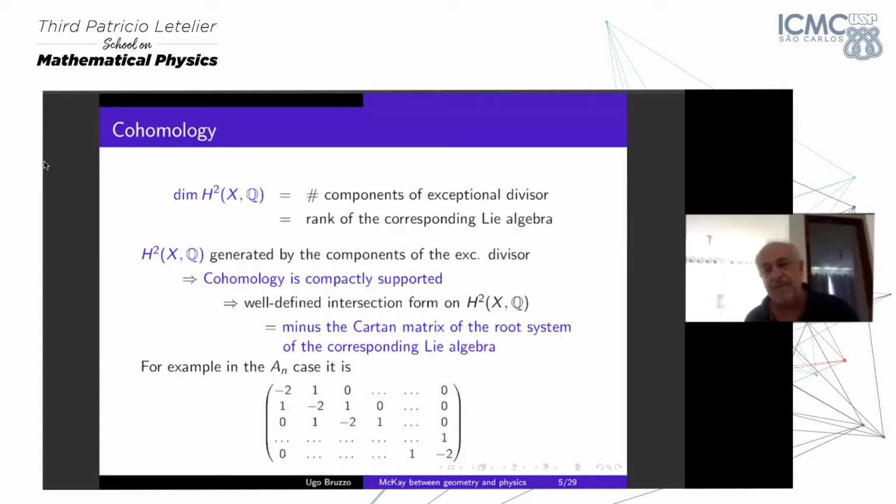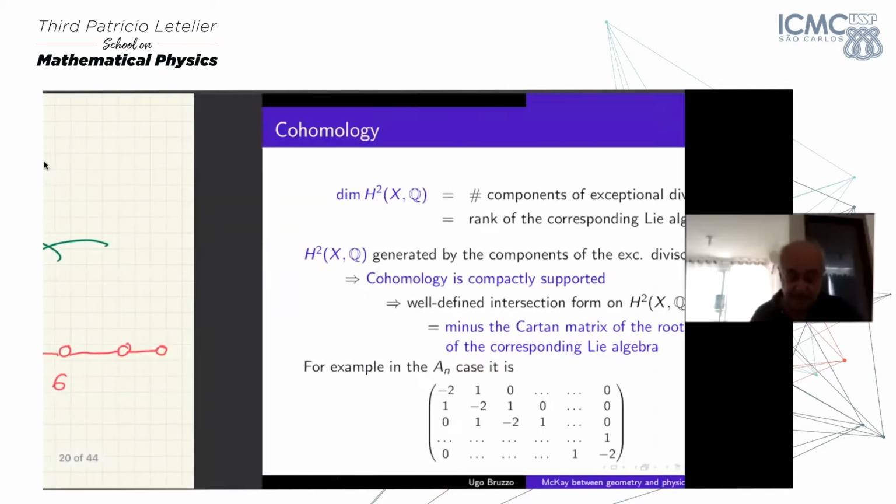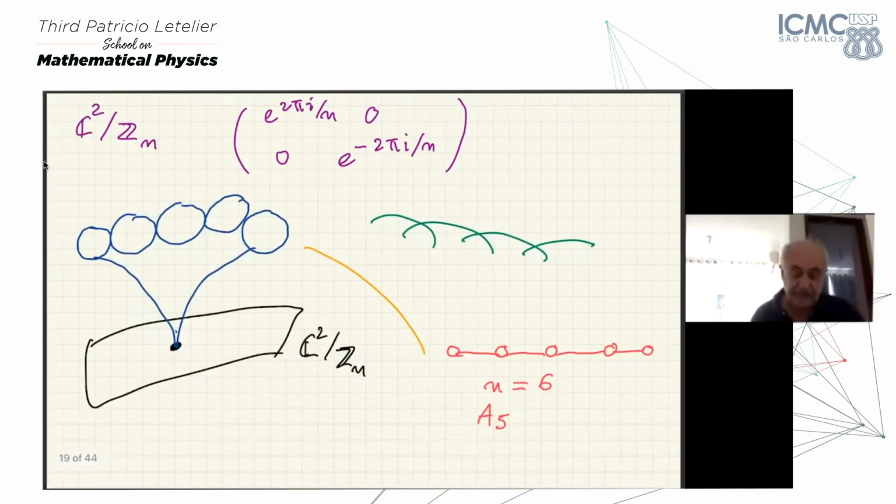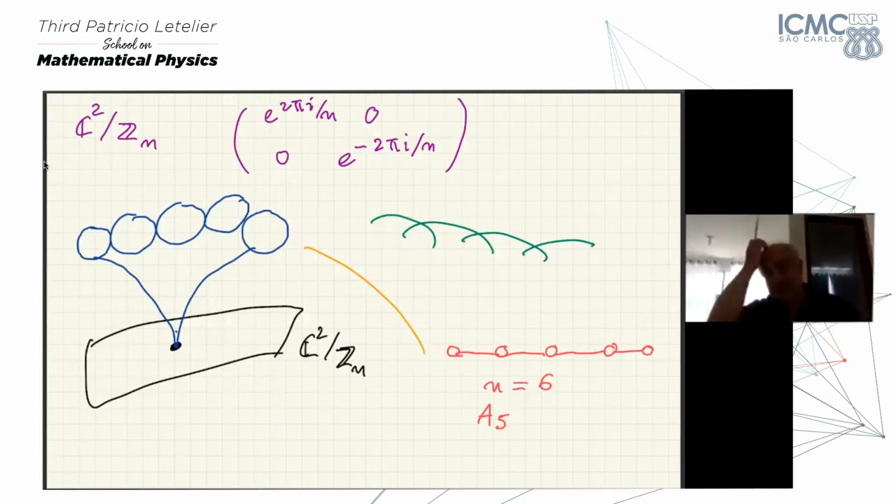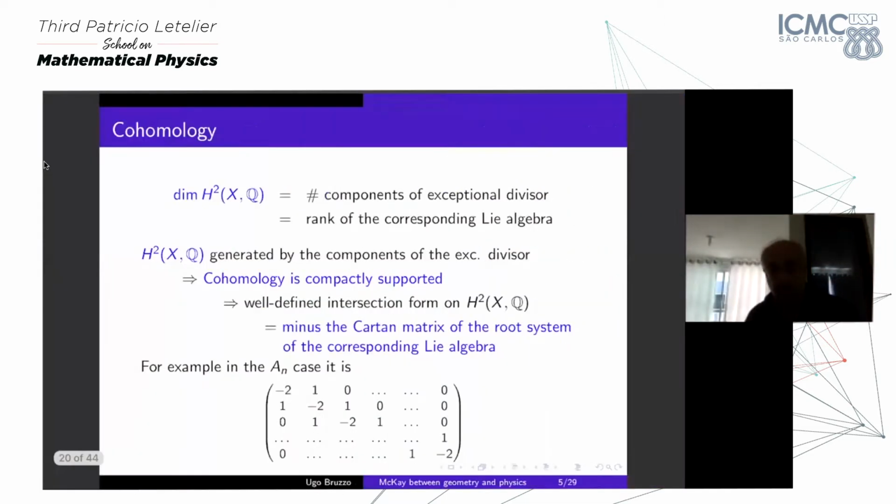And what happens is that every component of the exceptional divisor is a generator of this second cohomology group. As you see, these irreducible components have some intersection pattern. This intersection pattern can be computed in cohomology because you can intersect cohomology classes.